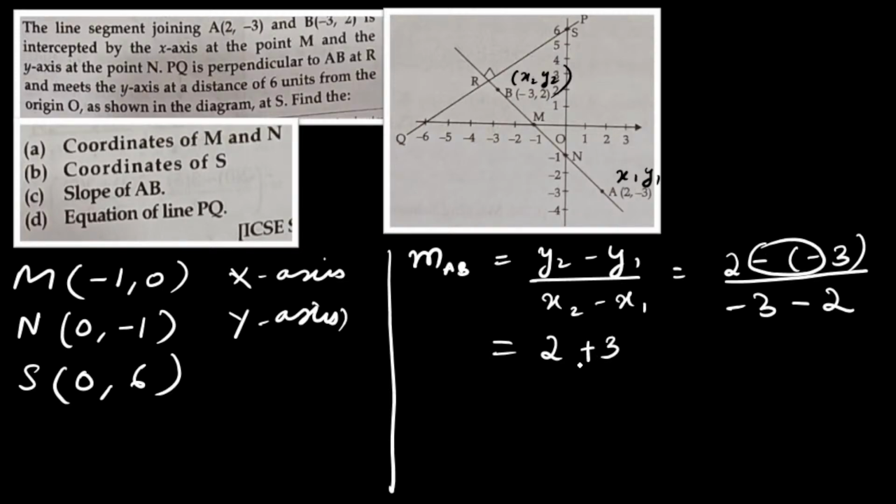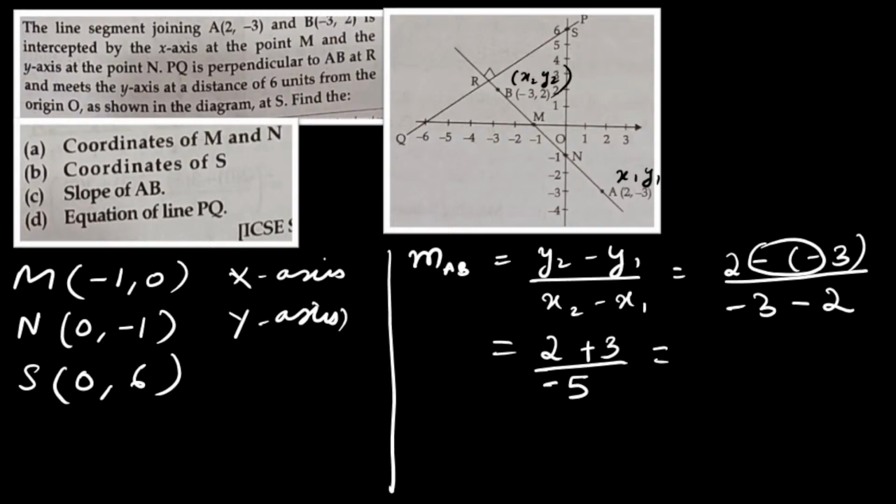So y2 is 2, then 2 minus -3, y1 is -3. x2 is -3 minus 2. So 2 signs together, so 2 plus 3 by -3 minus 2 is -5.